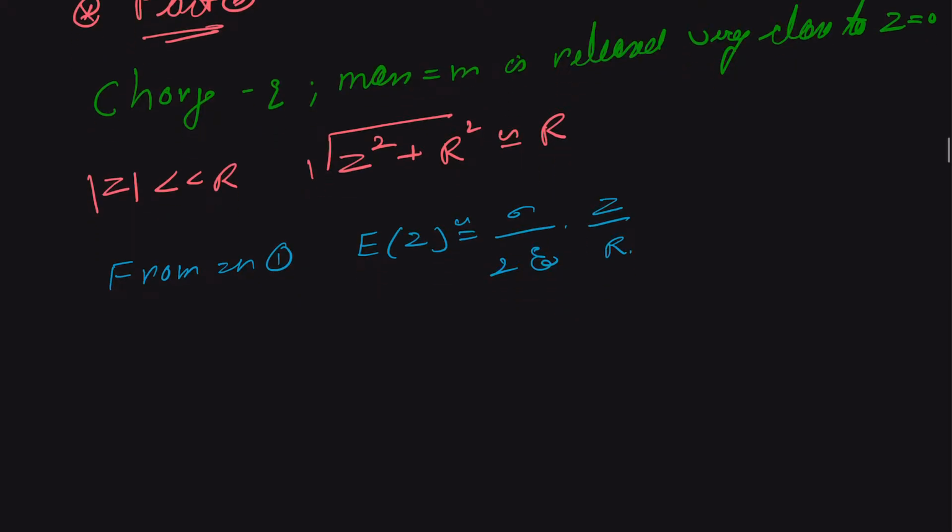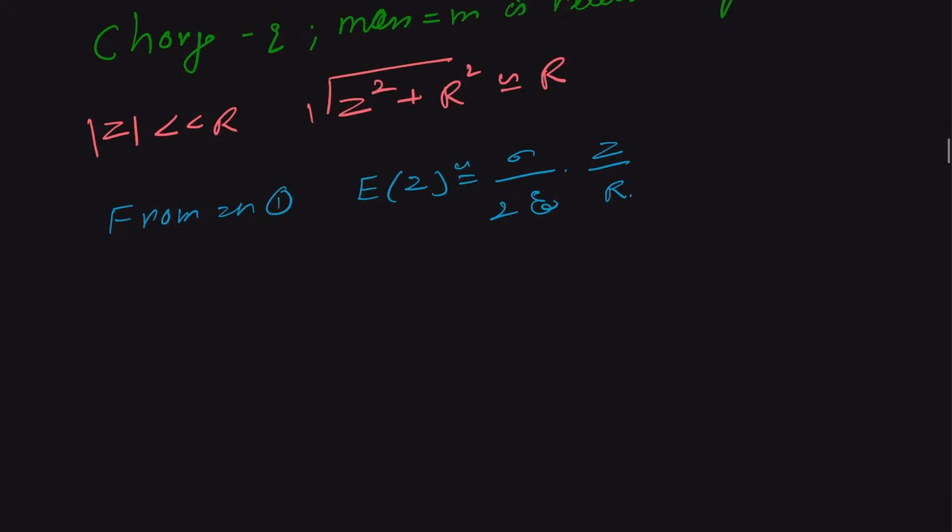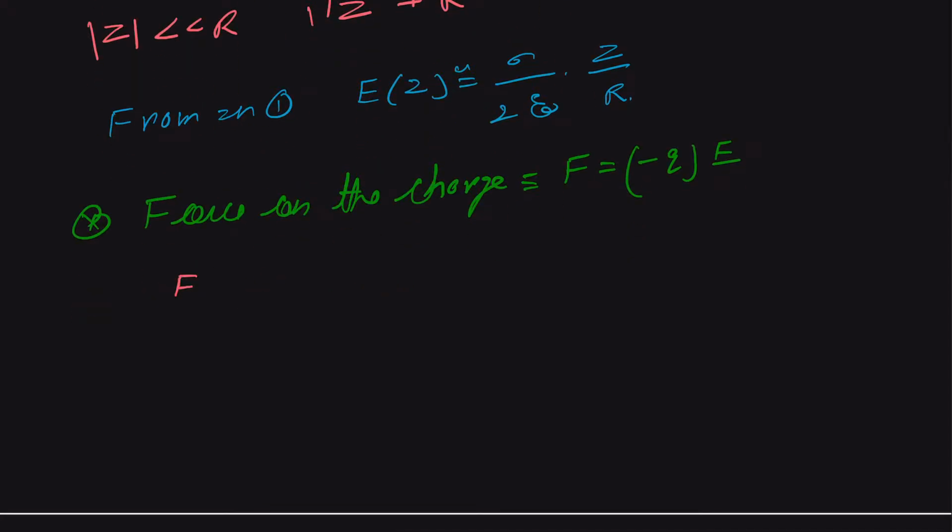And because this charge is opposite and our sheet is oppositely charged to this one, the force on the charge, let us call that F, will be equal to minus Q times the electric field E. So we can write that force in z will be equal to minus Q sigma upon 2 epsilon naught r times z, and this is nothing but minus k times z.